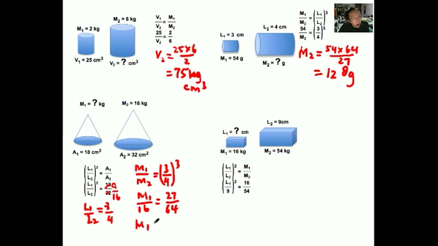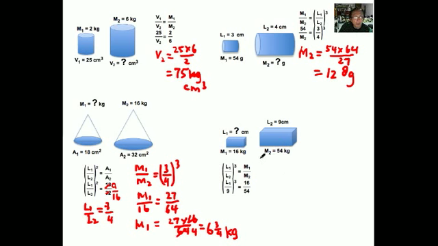Therefore, m1 equals 27 times 16 over 64, which when we cancel out, 27 divided by 4, we have 6 and 3/4 kilograms.